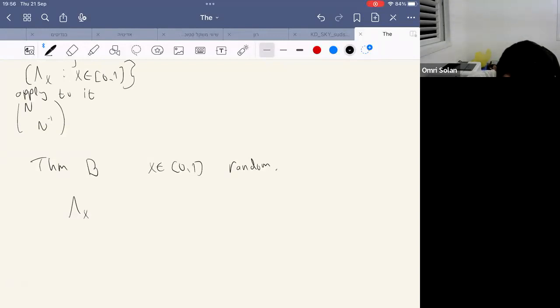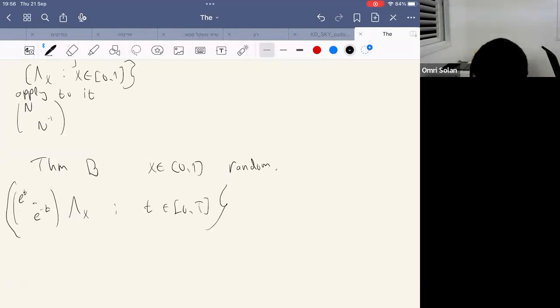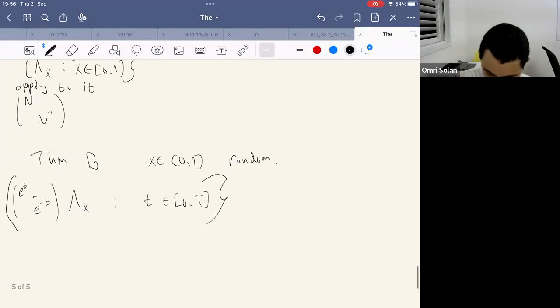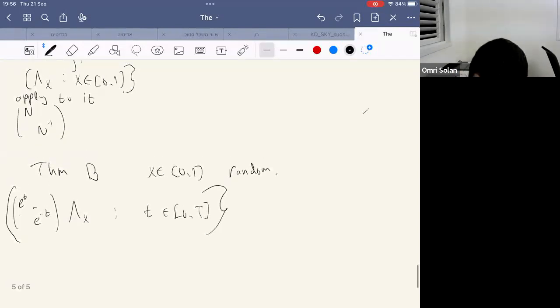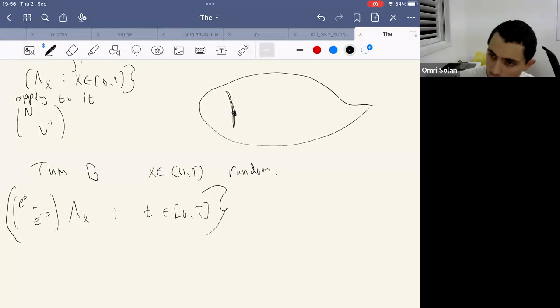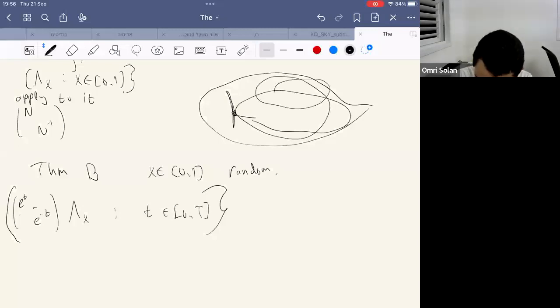And we apply to it e to the t, e to the minus t, for t in 0, T. So now we have a big curve. I'll draw another picture. We have a curve of lambda x's. We choose a point, and we flow in the e to the t, e to the minus t direction for a lot of time.